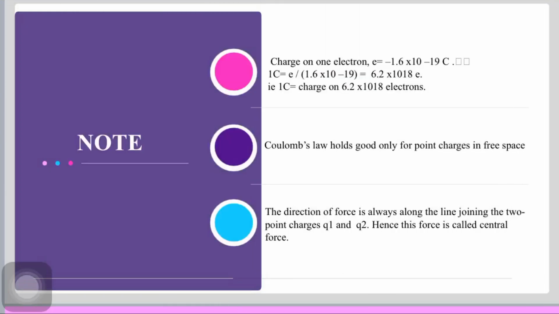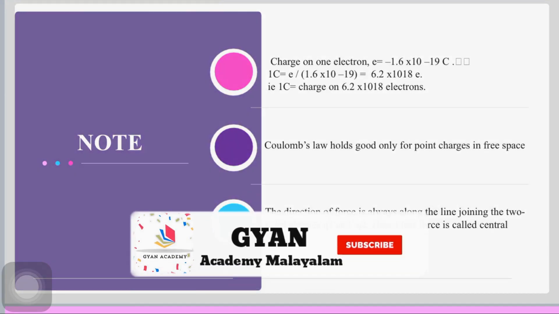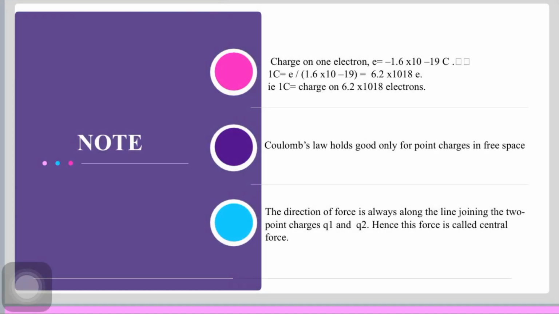These are some important points related to Coulomb's law. We have learned charge quantization, right? Q is equal to NE, where Q is the charge, N is the number of electrons, and E is the electronic charge. Applying the same law, we find the value of 1 Coulomb: 1 Coulomb is equal to the charge on 6.2 into 10 to the power 18 electrons.